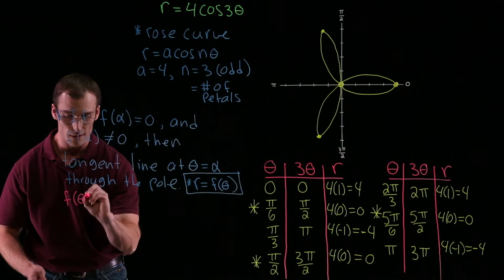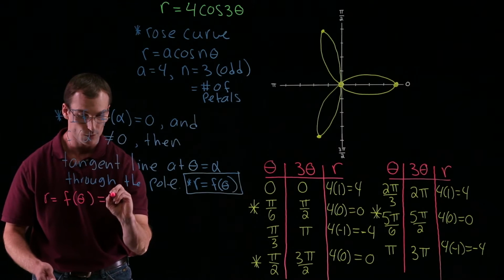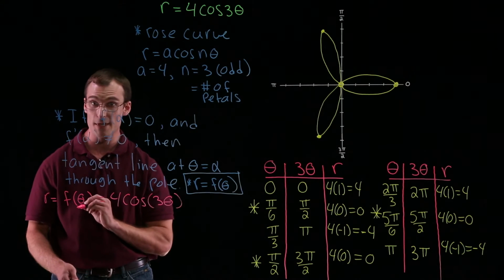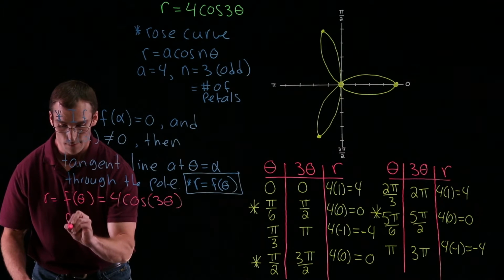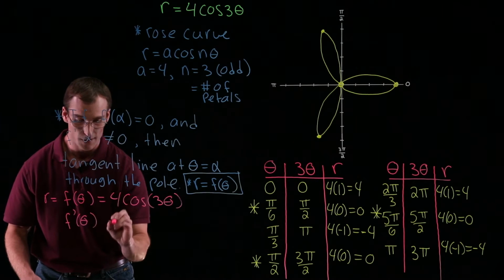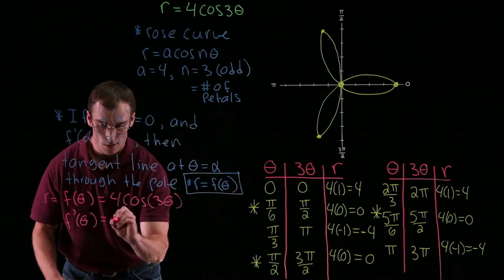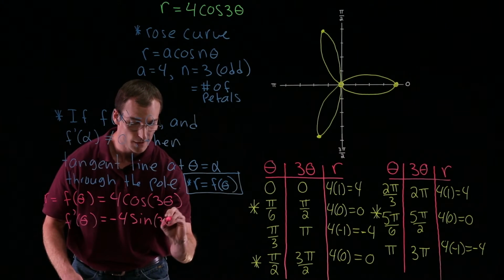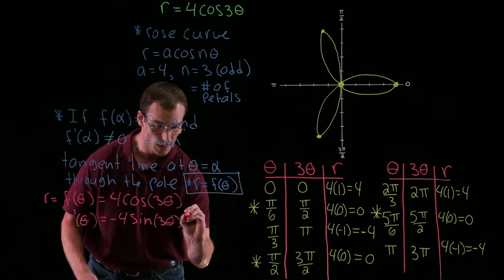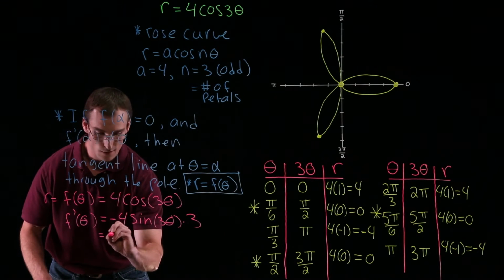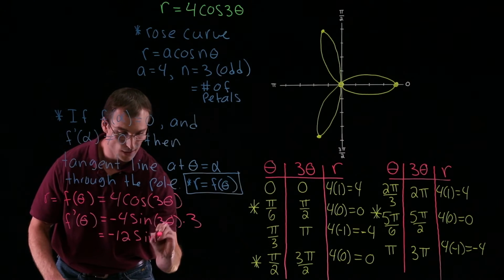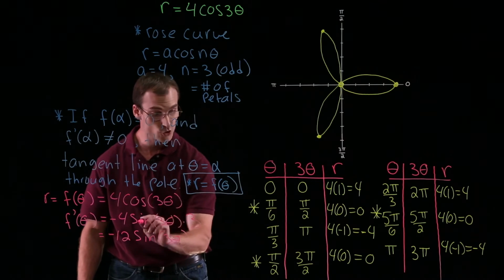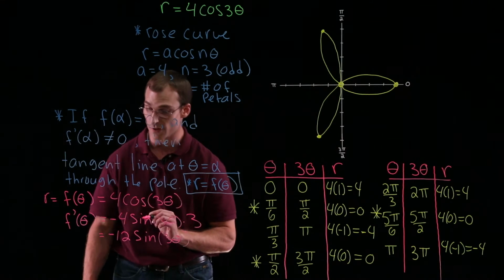So again, if f of theta, or r, is equal to 4 times cosine of 3 theta, then f prime of theta is going to be equal to -4 times sine of 3 theta, with our chain rule, times 3, so -12 sine of 3 theta.